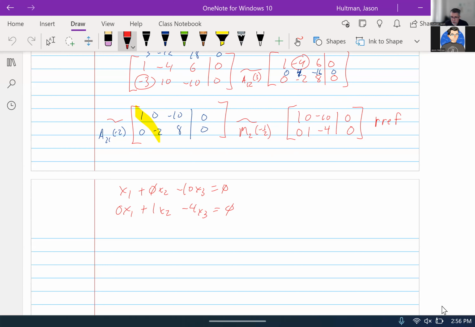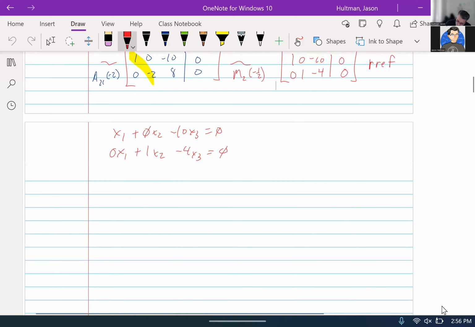It doesn't really give me a good definition to work with. So since -10 times x3 added to x1 will be 0, I can get x1 in terms of x3, and I can get x2 in the second equation in terms of x3.